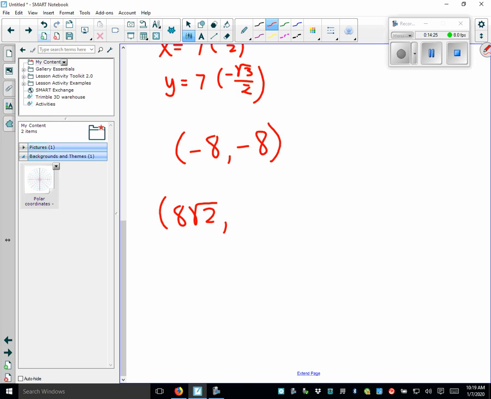Wait, did you give us a radical 2? No, you just found it. How do we find out? Oh, that's X squared plus Y squared equals R squared.